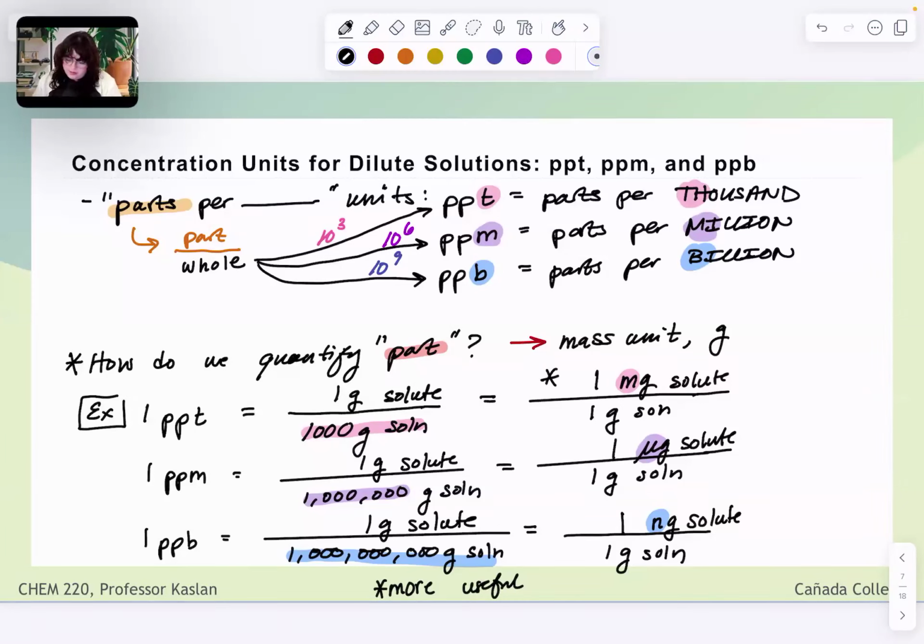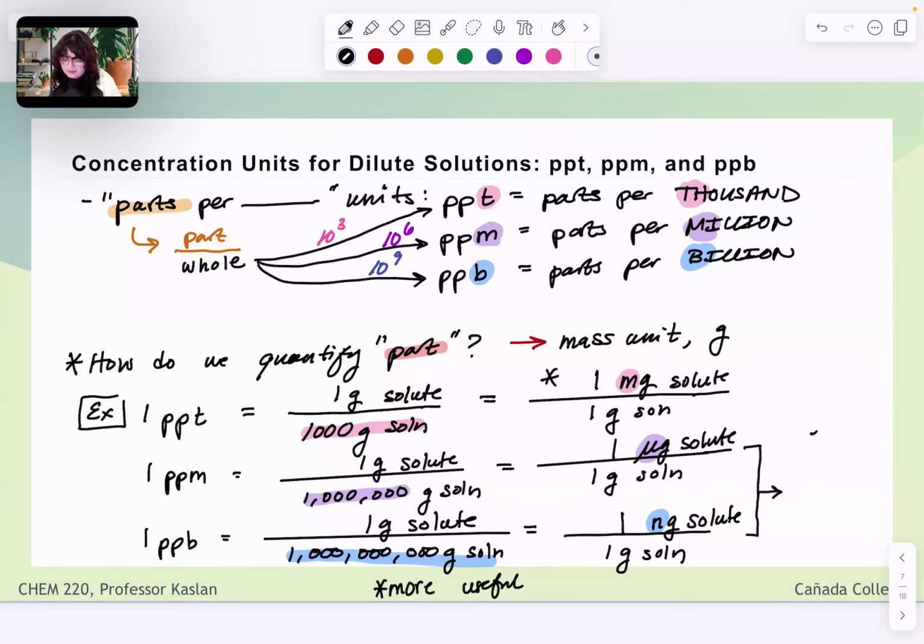Now, I do want to make a quick note about these incredibly dilute concentrations. A part per thousand is dilute compared to a molarity, but a part per billion means we have very, very small amounts of solute present in our solution. If that's true, then oftentimes we will express these in terms of volume.